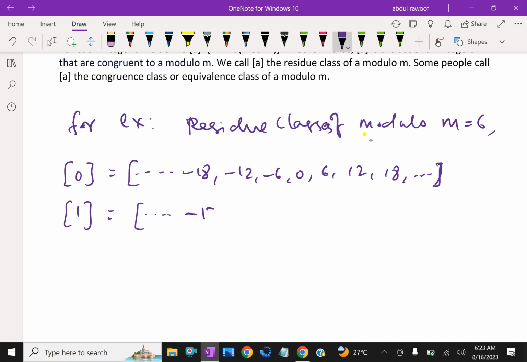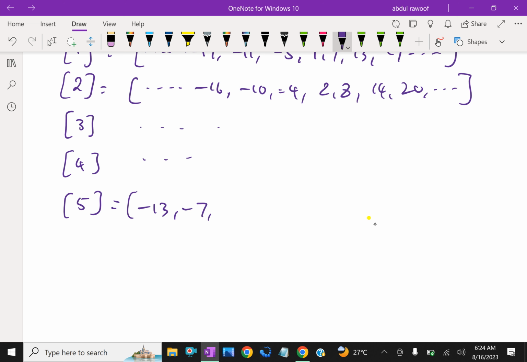So you can fill here: minus 13, minus 7, minus 1, 5, 11, 17, 23, like it continues. These are the complete residue classes of modulo 6.